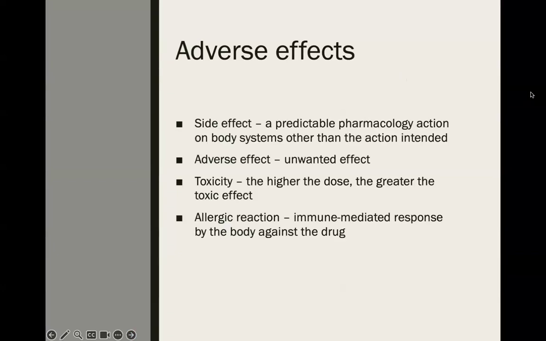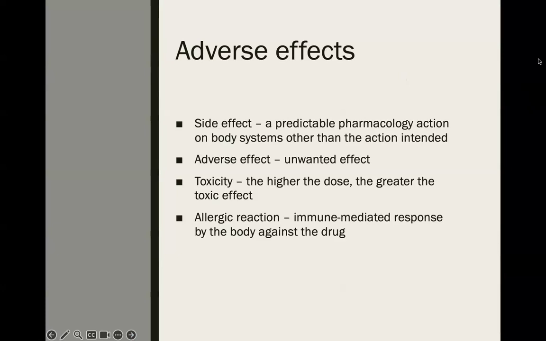Anytime we administer medications, or anytime we as patients take medications, a few things can happen. We take the medication and the intended effect happens. We have a headache, the medication stops our headache. But sometimes adverse things can happen. One of those could be a side effect.